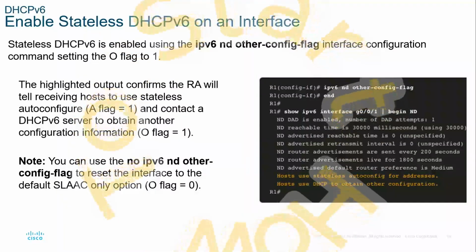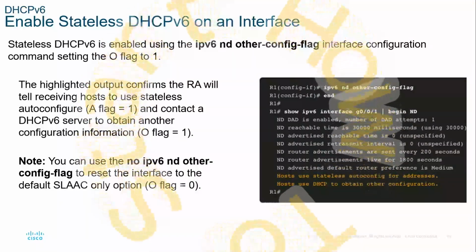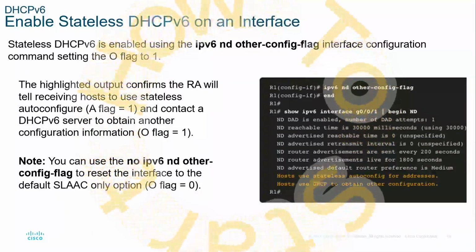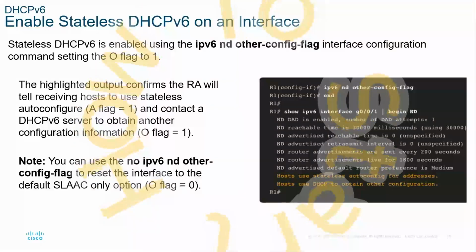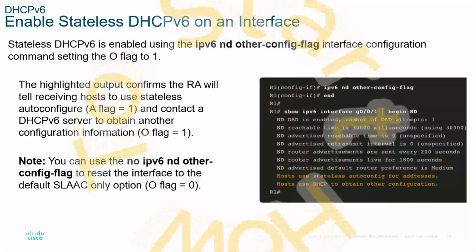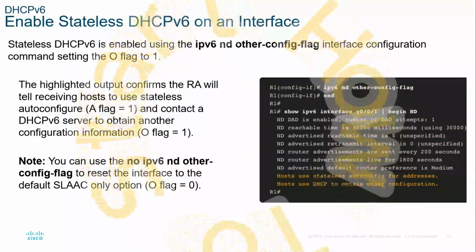That's the A flag. The contact-the-DHCP-server-to-obtain-other-information, the O flag, is also then set. You can also use the no ipv6 nd other-config-flag command to reset the interface so that it only uses the default SLAAC option, nothing else.